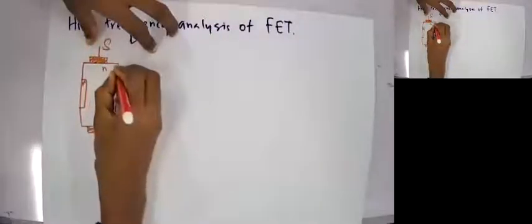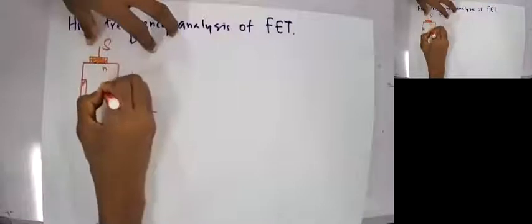If I apply a positive voltage at the gate terminal, this PN junction is forward biased, and if I apply a negative voltage, then it will be reverse biased, and when it is reverse biased, of course our depletion region will grow.